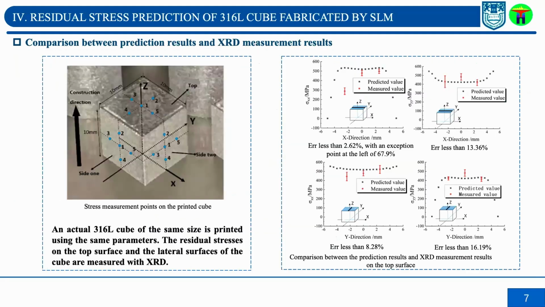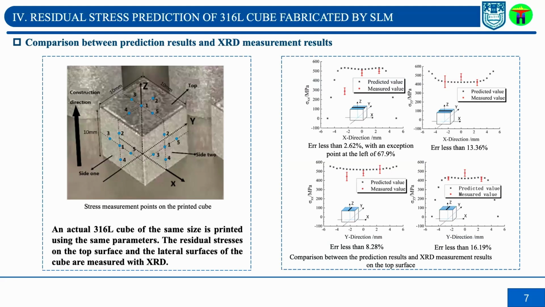To verify the accuracy of the prediction, an actual block with the same size has been created with the same parameters. The residual stress on the top surface and the two lateral surfaces is measured with the XRD technique, and there are five measure points on each surface.